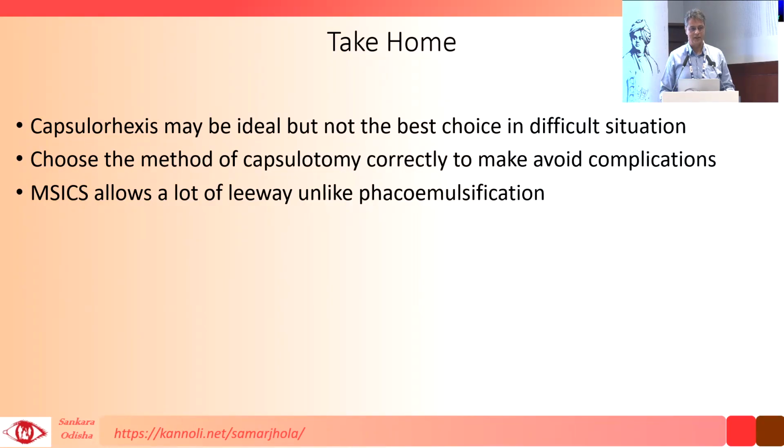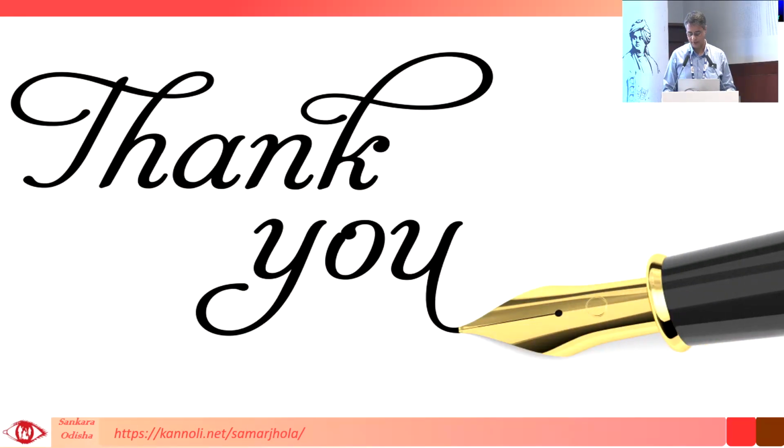But in a SICS, it may not be the ideal choice, though it's the best choice, though it's ideal. And MICS does, though I must admit that I don't do that many SICS anymore for many, many years now. I've been mostly a phacosurgeon, but it does give you a lot of leeway, especially for younger surgeons.